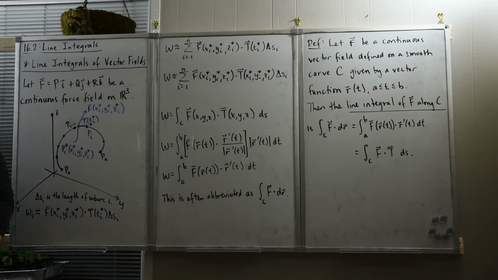But what we're going to do is take a look at an example where we find the work done by a certain force field in moving a particle along, in this case, a quarter circle.